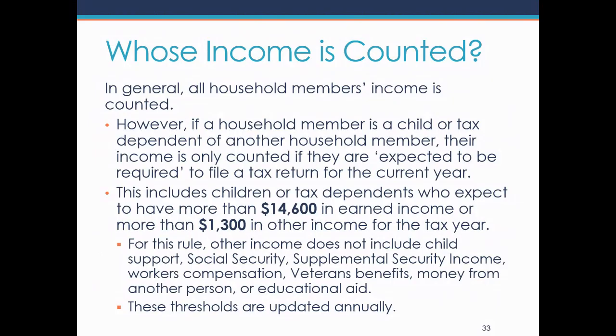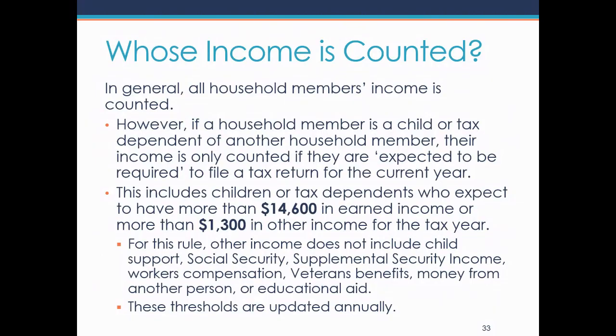For this expected to be required rule for children or tax dependents, other income does not include child support, Social Security, supplemental security income, also known as SSI, workers' compensation, veterans benefits, money from another person, or educational aid.